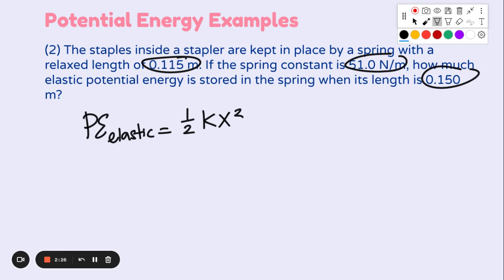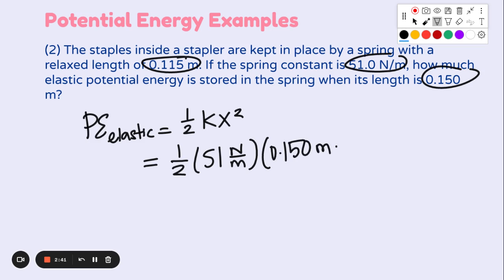So PE elastic is going to be equal to 1/2 our spring constant of 51 newtons per meter, multiplied by your X value, which is 0.150 meters minus 0.115 meters, and you're going to square that again. And you should get 0.031 joules.